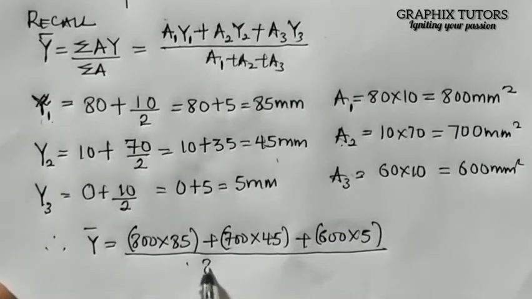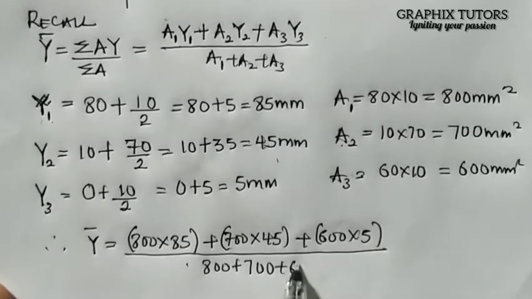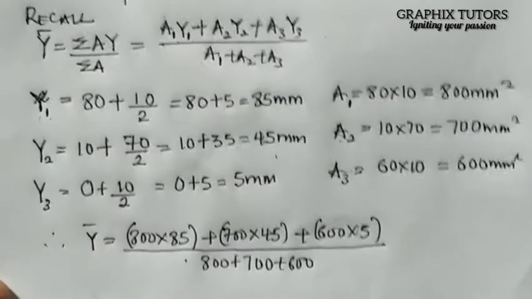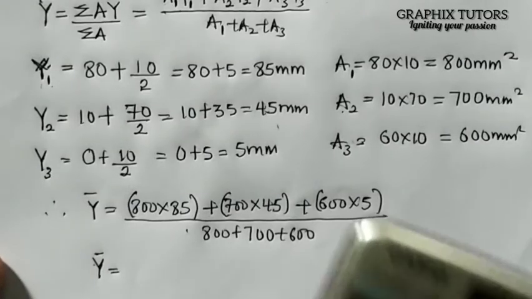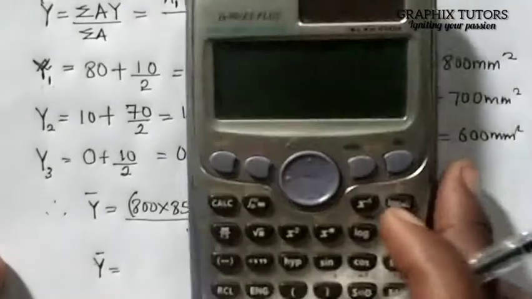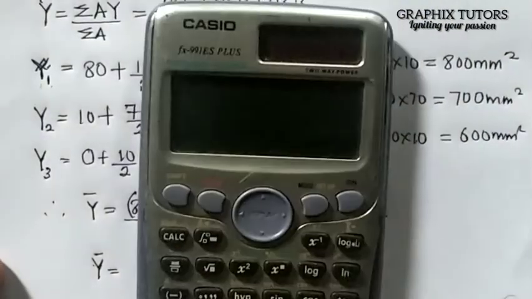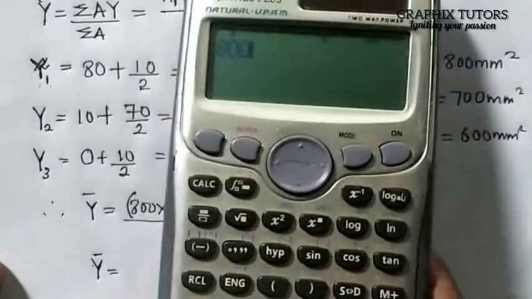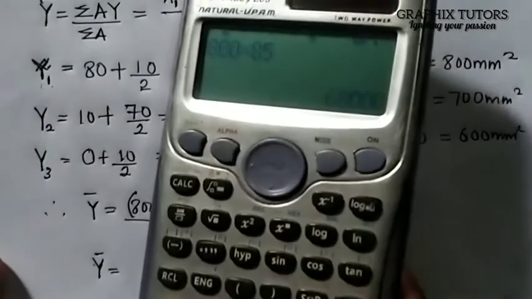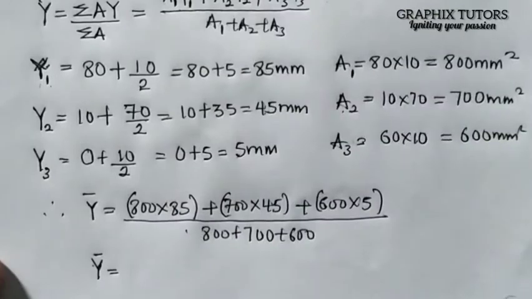That will be 800 plus 700 plus 600. So my y bar will now be giving me 800 times 85, which is 68,000.